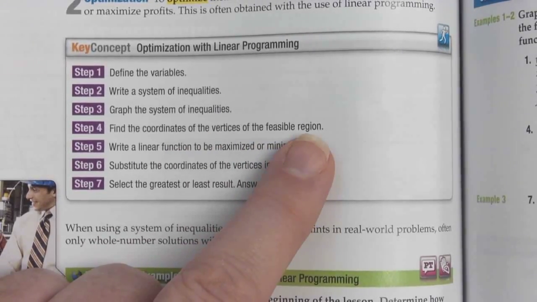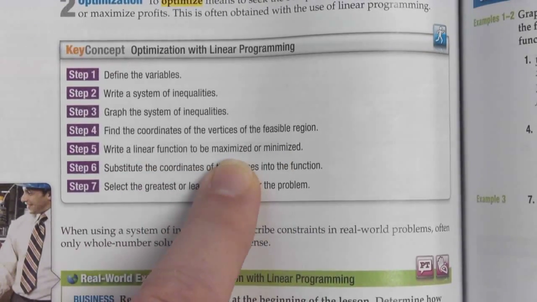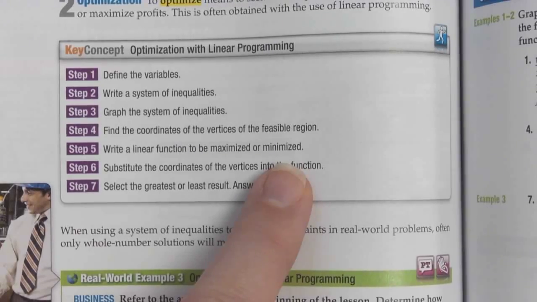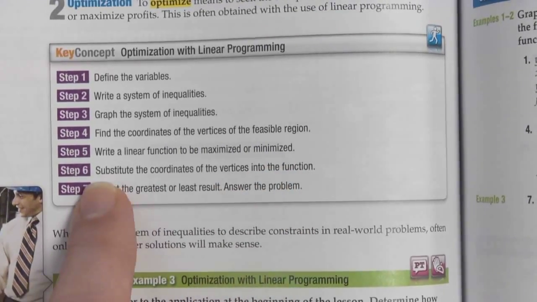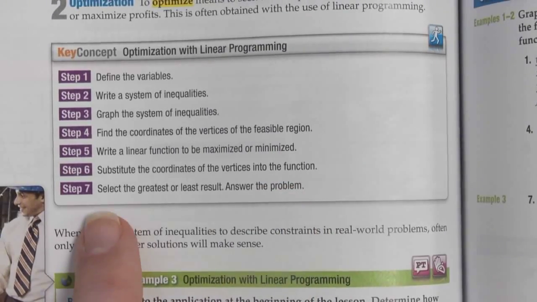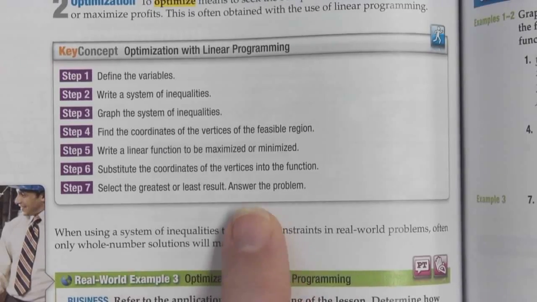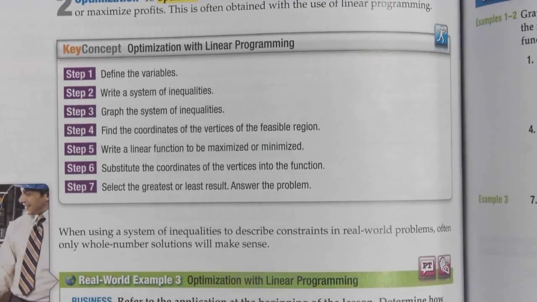So you might have to use a system of equations to find those. And 5, write a linear function to be maximized or minimized. Okay, now you're going to substitute the coordinates of the vertices into the function. And then you're going to select the greatest or least result and then answer the problem. So it depends on what you're trying to find if you want the greatest or the least.